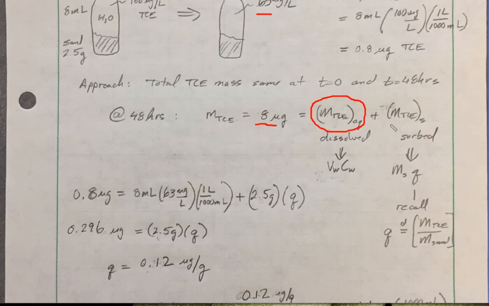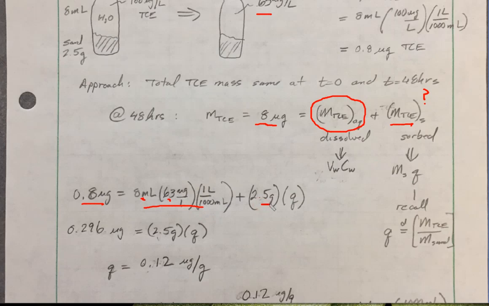So all you don't know is this one. So we'll put a question mark there. That's the one you don't know. So you know 2 out of 3, so you can figure out the other one with a little quick math. So you have the total on the left, 8 micrograms. You have the total in the water phase on the right, 8 milliliters of water times the concentration times some conversions to get the units right.